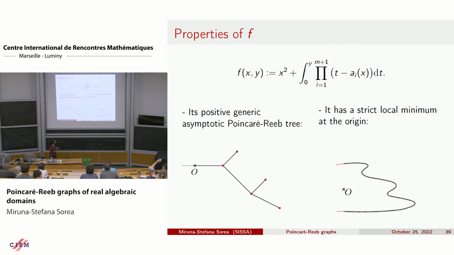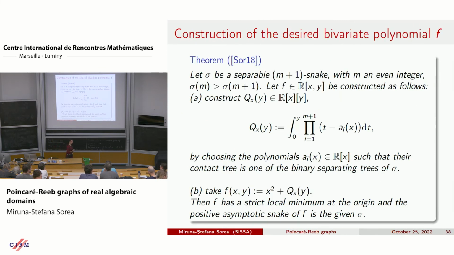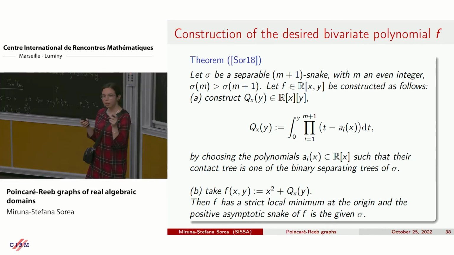Sorry, is it easy to see that this has a strict local minimum? Yes. The proof I used needs Newton polygons. There's a criterion in terms of the Newton polygon.